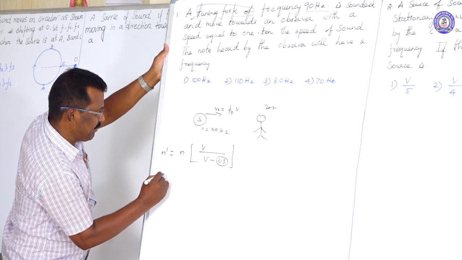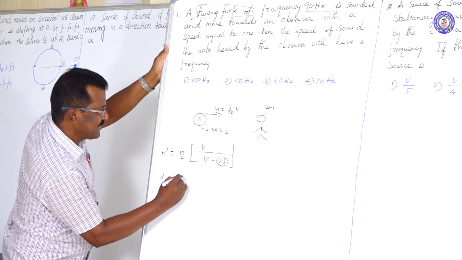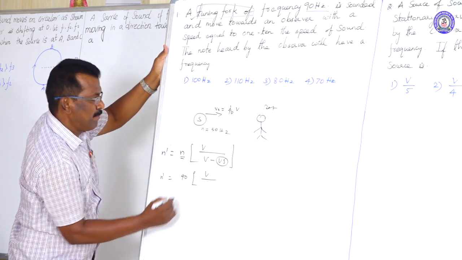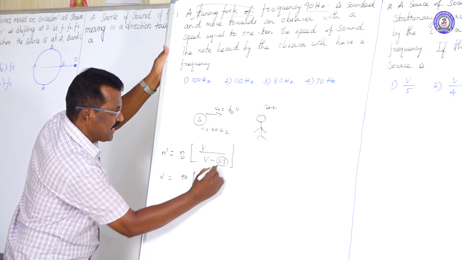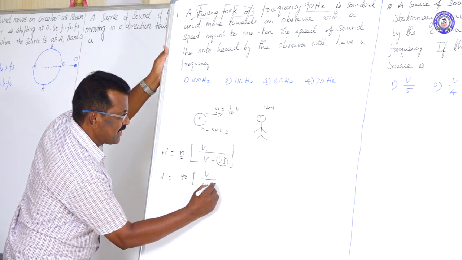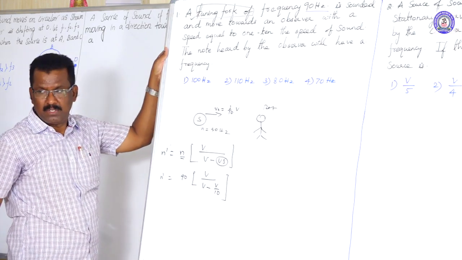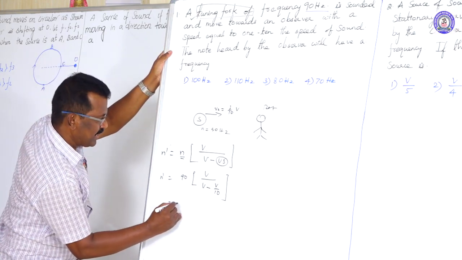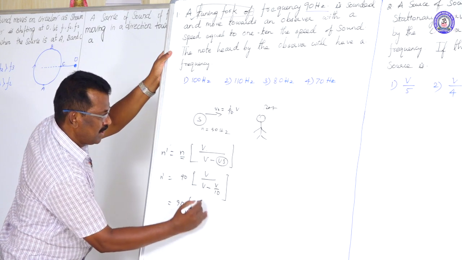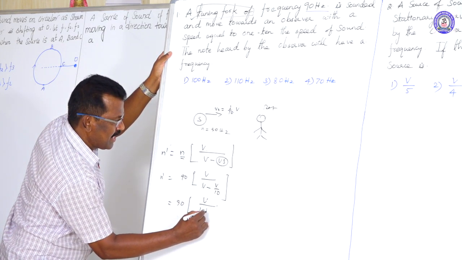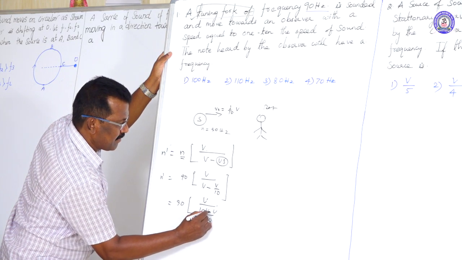n prime is equal to n, which is 90 Hz, times V divided by V minus Vs. Vs is 1/10 of V, V by 10. So 90 Hz times V divided by V minus V by 10.